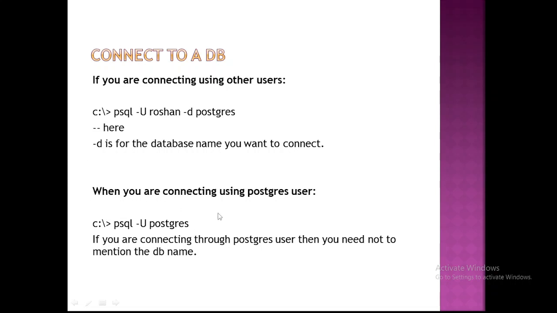When using the postgres user, we mention psql -U postgres, and that will connect to the default database for the postgres user, as postgres is a superuser. So thanks, and let's move to the lab.